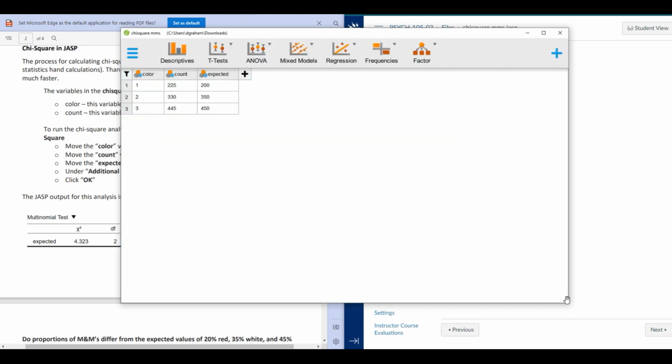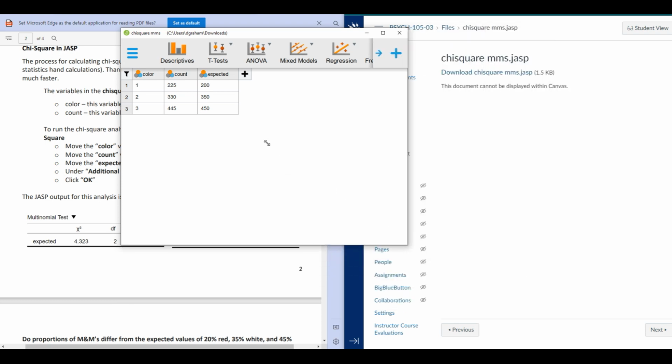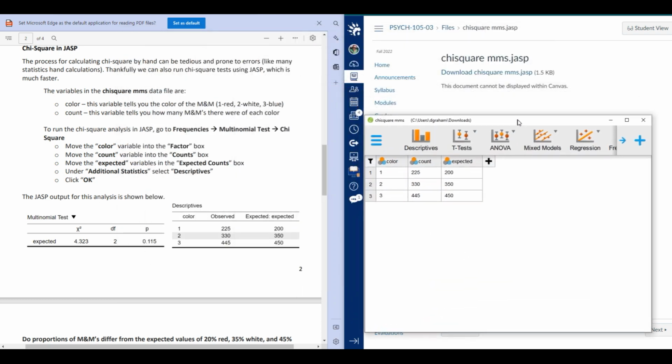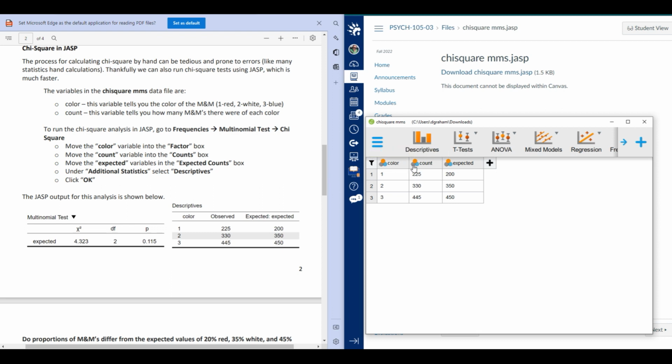You'll see that this data set looks very, very small, right? We have these 3 columns and 3 rows. So it looks very small compared to many of the data sets we've been working with so far this semester.